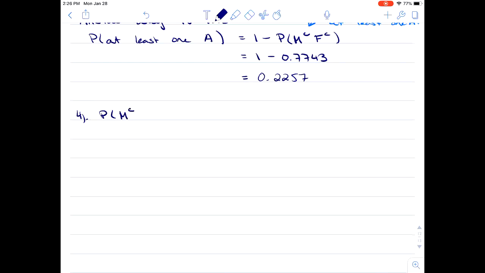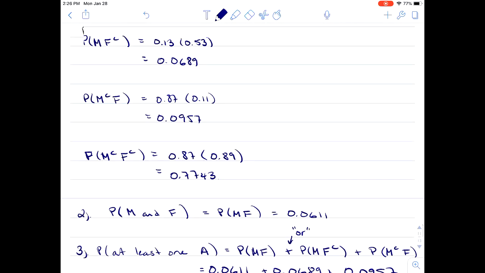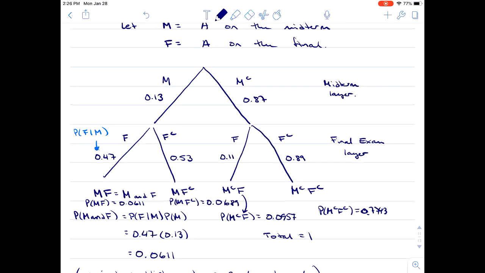So you can't get an A on the midterm, but you have to get an A on the final. If we look at our tree diagram, there's only one way that can happen, right? We can't get an A on the midterm, but then we have to get an A on the final. So the probability that we're looking for is just the one at the end of this branch here, 0.0957. Okay.